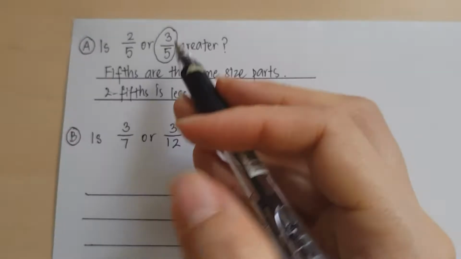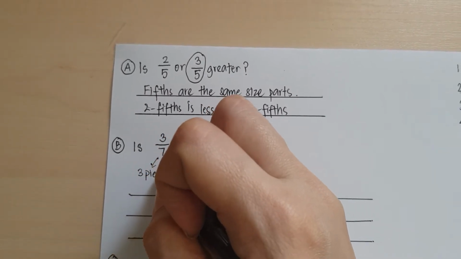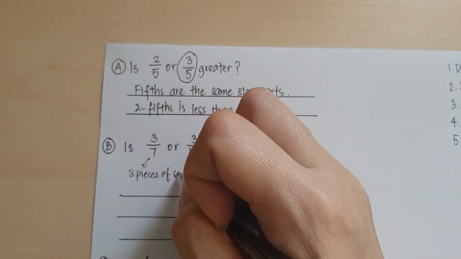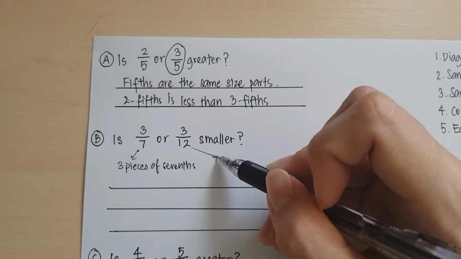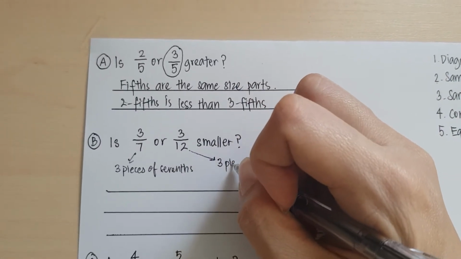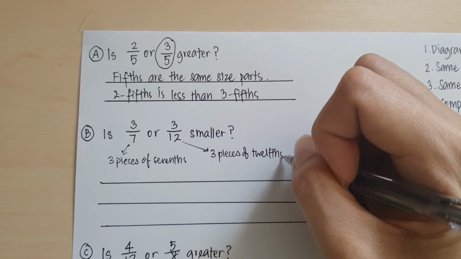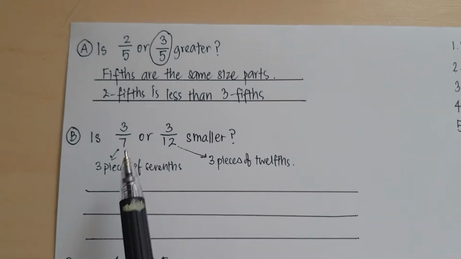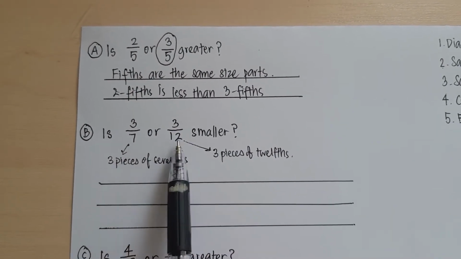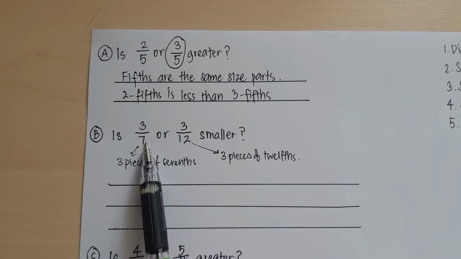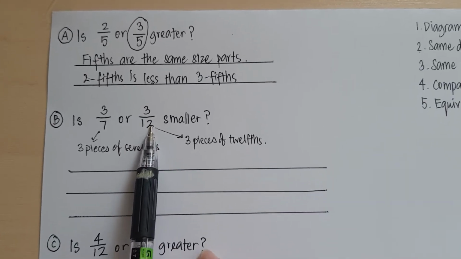So this is 3 pieces of 7. So I'm going to write down, yes, and this would be 3 pieces of 12. So now, when we have the numerators that are the same, we now compare the size of each piece. Now, when we look at 7ths and 12ths, we know that 12ths are smaller.